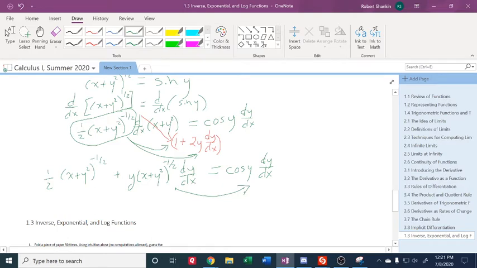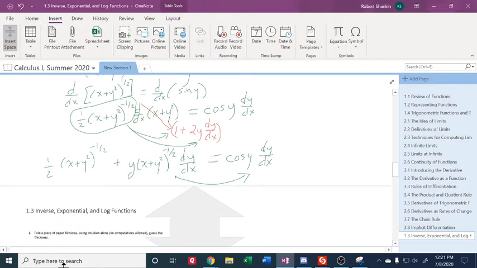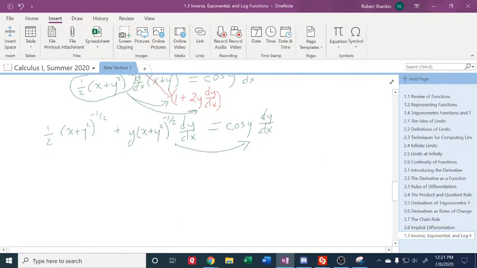side. And I'll put what's on the right over here on the left.